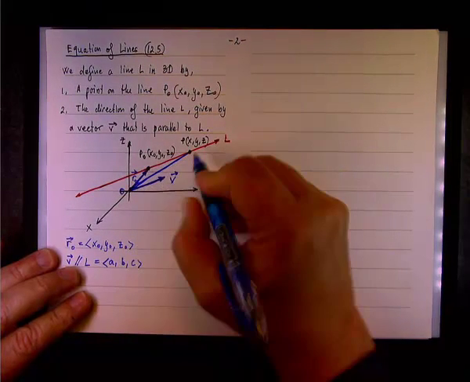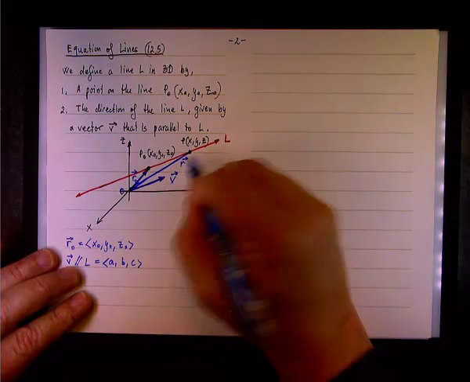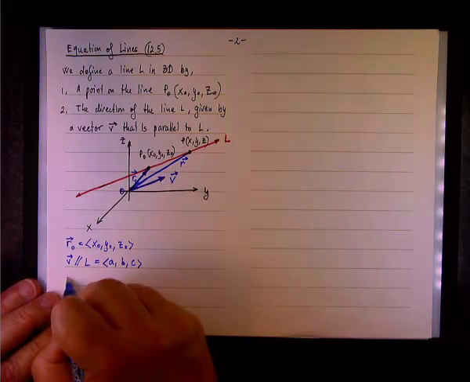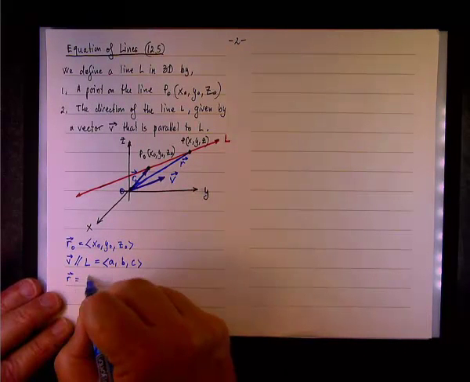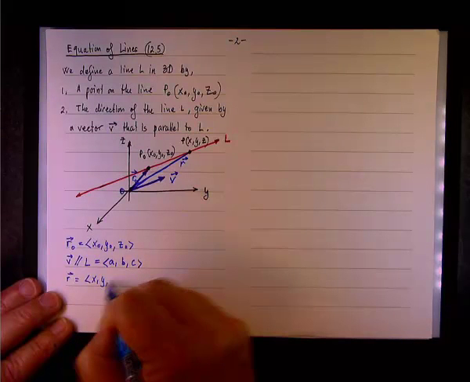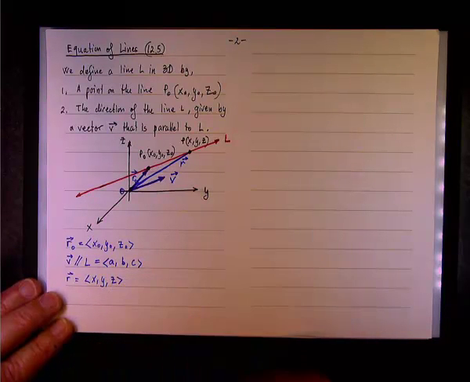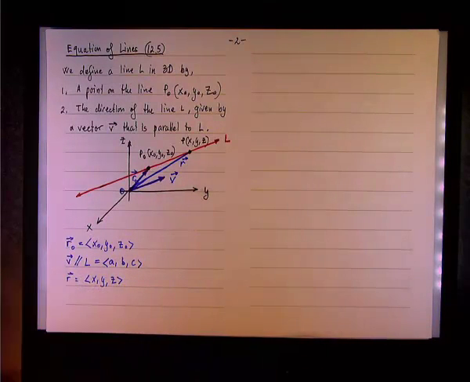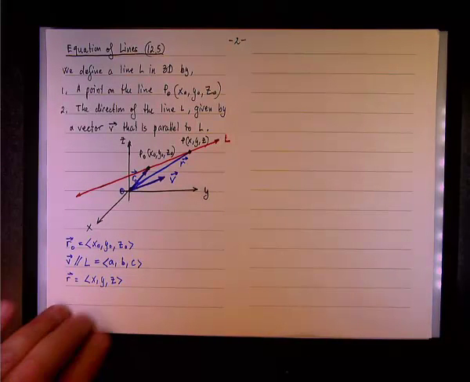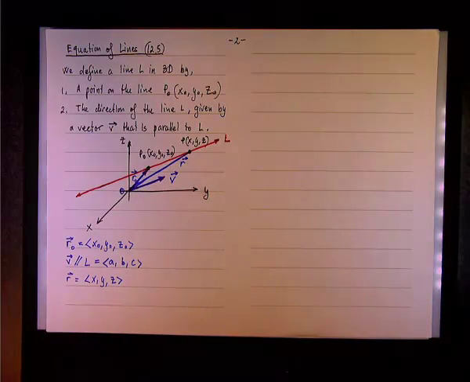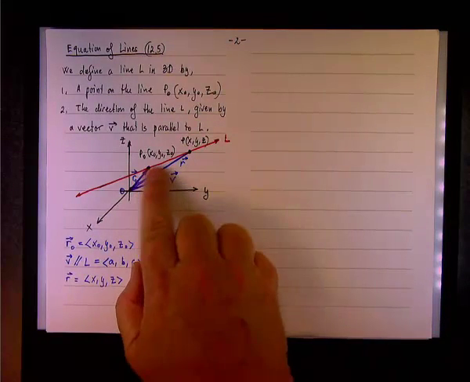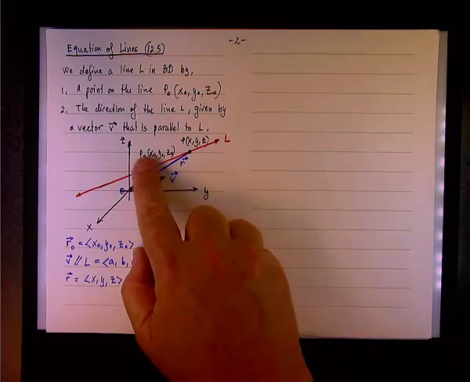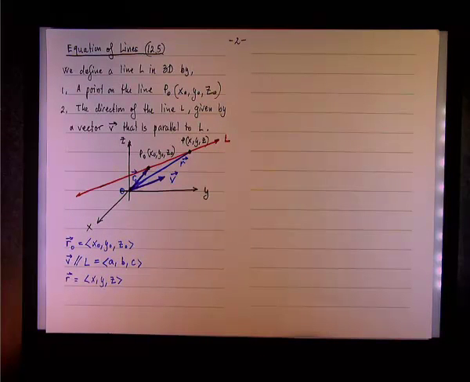And I'll create another vector, vector r, another position vector, I should say, that goes from the origin to this point. So r has the components x, y, z. The coordinates are the coordinates of the point, but the vector components of vector r are x, y, z.